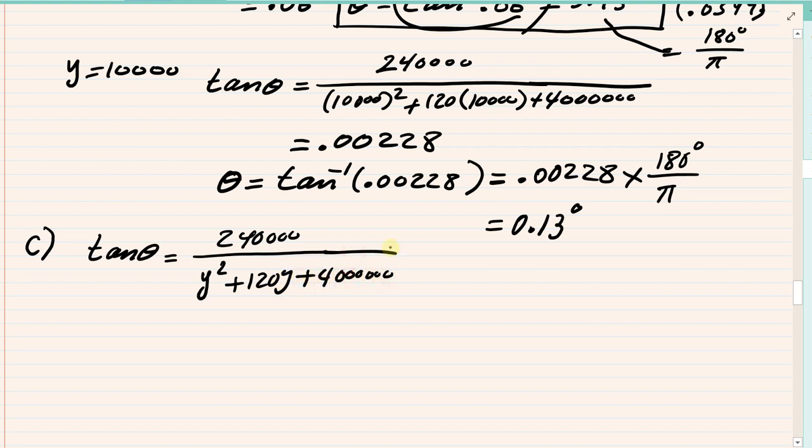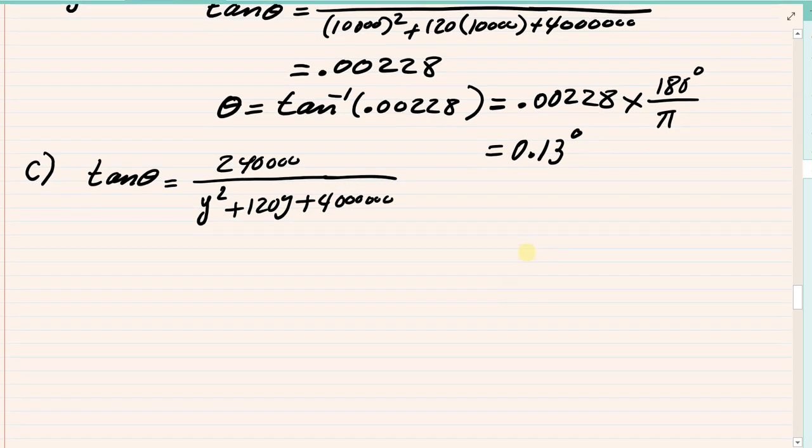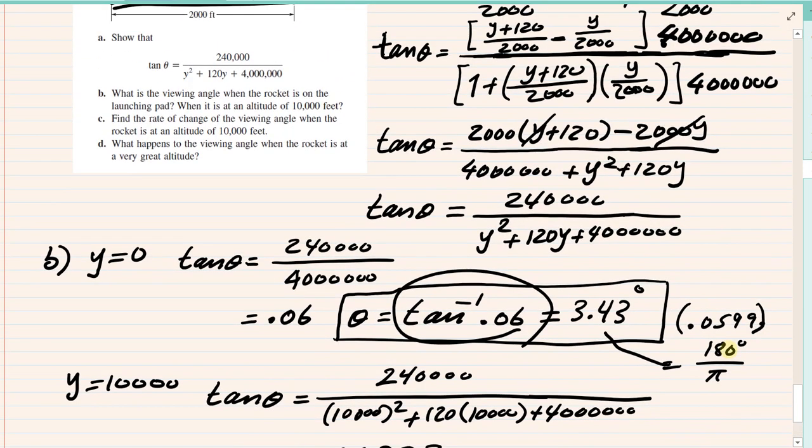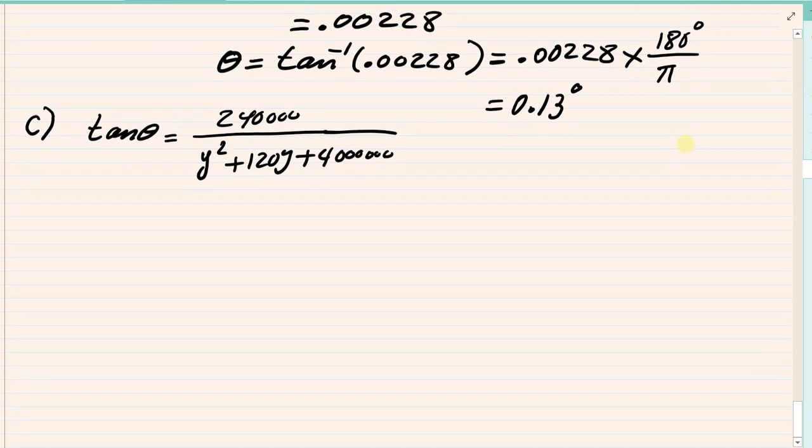Now we're going to do this with respect to theta, right? That's what we're told, because the question reads the rate of change of the viewing angle. That's theta, so we want to know how much theta is changing. So we're going to take the derivative of part B, and we'll have to do implicit differentiation with respect to y here.